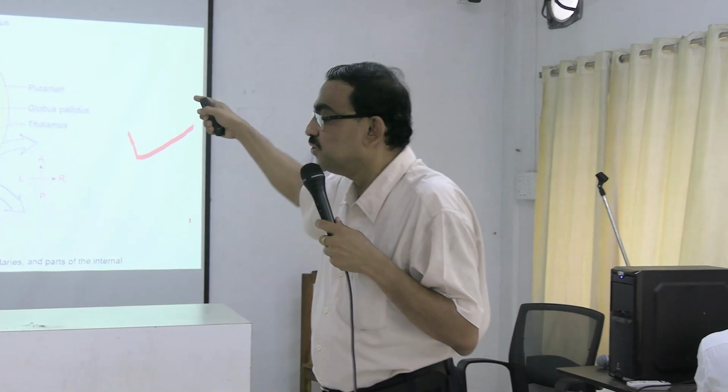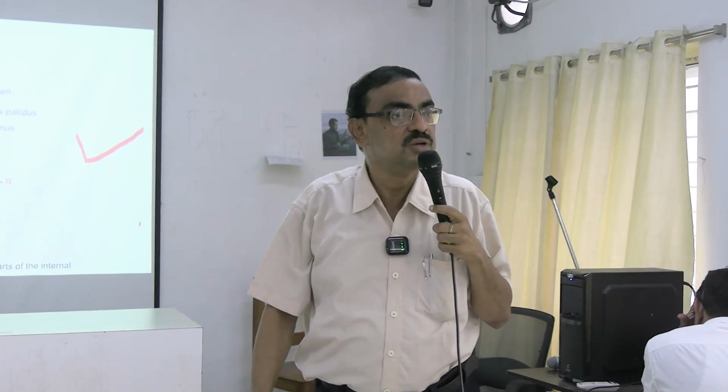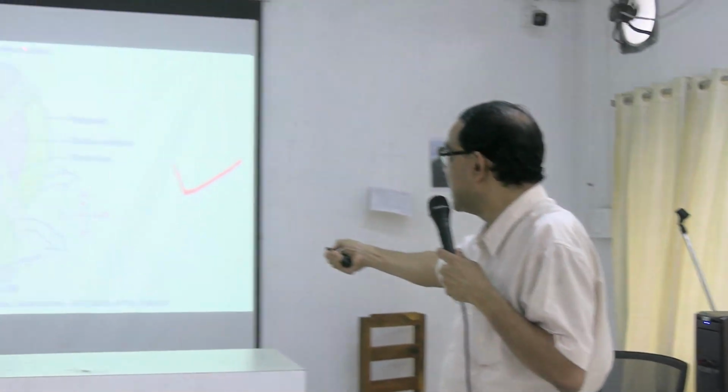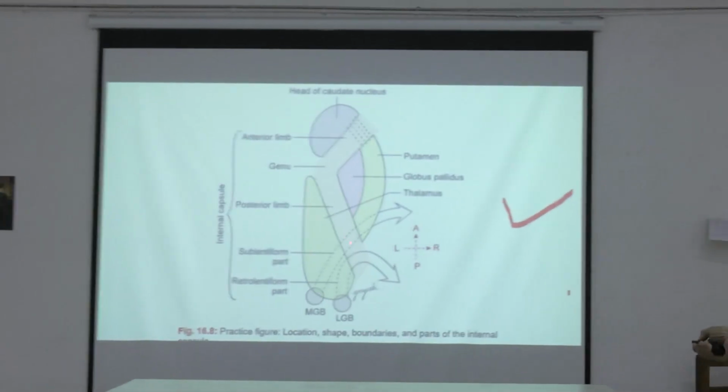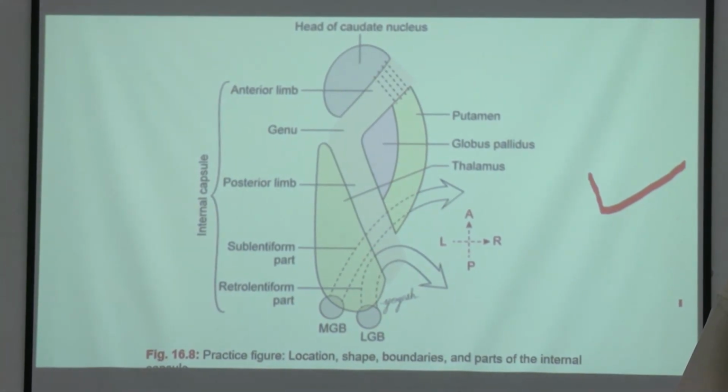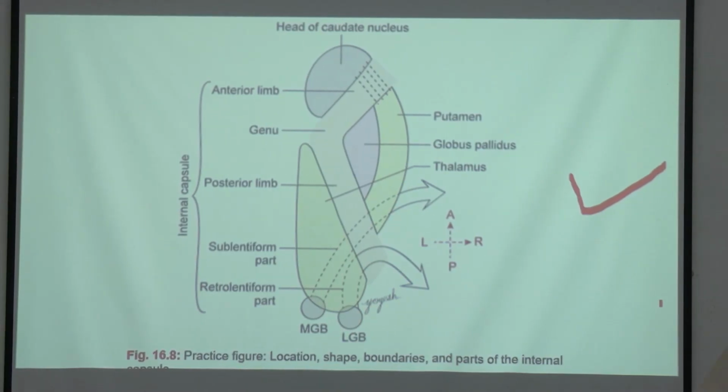Upper motor neurons control the lower motor neurons. If upper motor neurons are passing through this area, this is the posterior limb, what will happen? There will be hemiplegia. So, the posterior limb is very important.